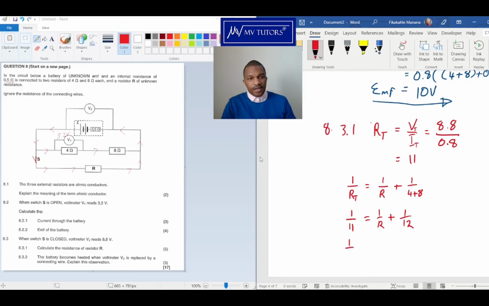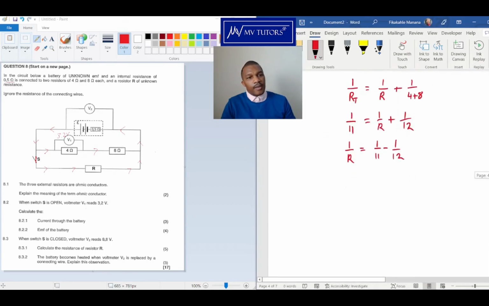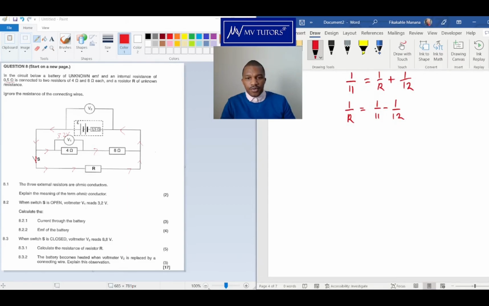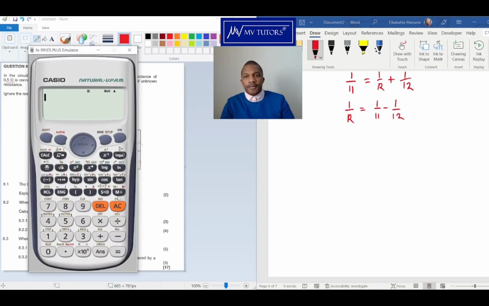And then I'll have that 1 over R is, I'll take this one to that side, so I'll have 1 over 11 minus 1 over 12. So what I want to do is put this in a calculator. I'm just going to say 1 over 11, go to the side, minus, put 1 on top, and I put 12 here.